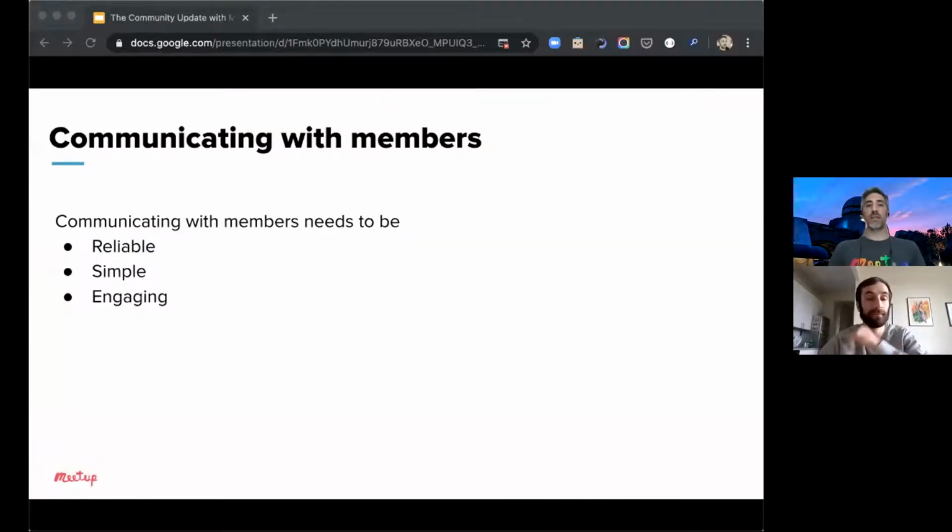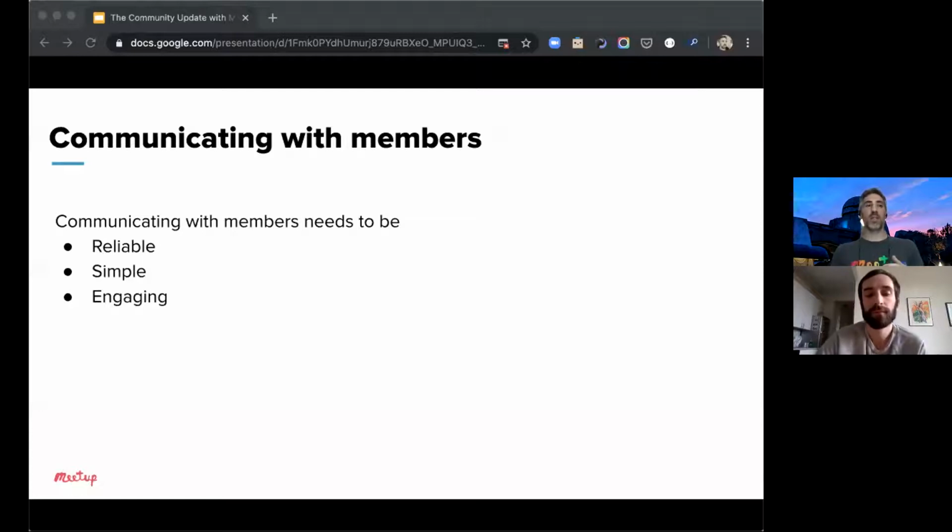I want to talk about something that we've actually done a lot of work on, but we haven't shared widely. The reason we didn't start sharing about this is because we were learning but couldn't prioritize the work to get it to all of you. So we've been talking to organizers as we normally do every day through surveys, support tickets, emails, events. And we heard loud and clear that we are not doing well enough for you on communication tools, basically ways for you and your members to speak.